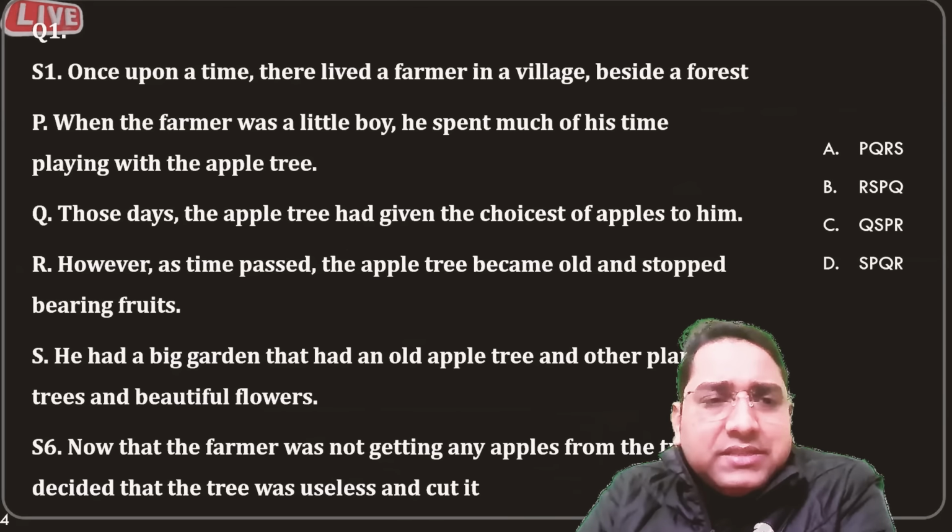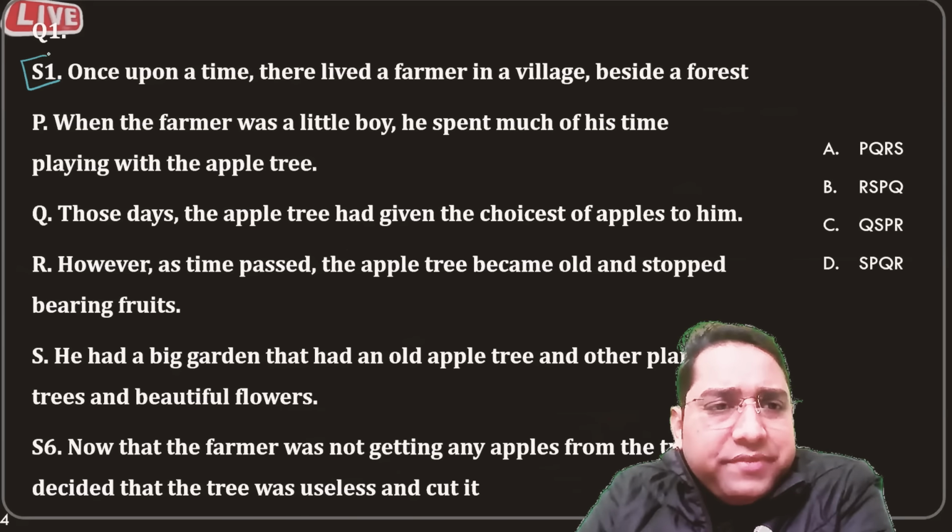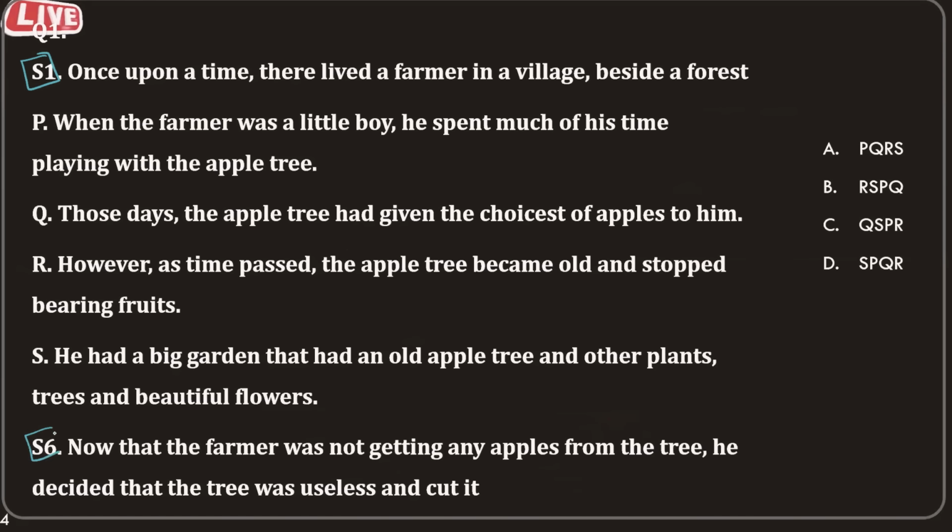Okay, everybody can answer this. S1 is fixed. S6 is fixed. You have to rearrange the other four: P, Q, R, S. All the four options are given. Please rearrange it.